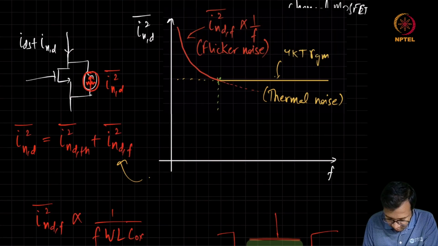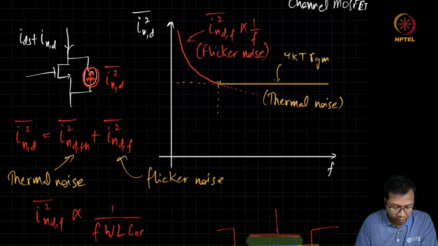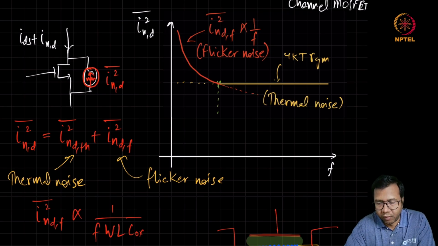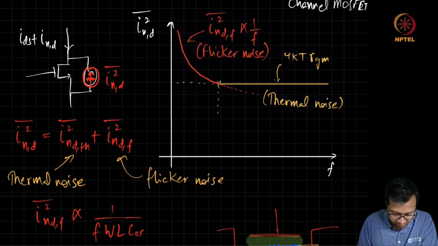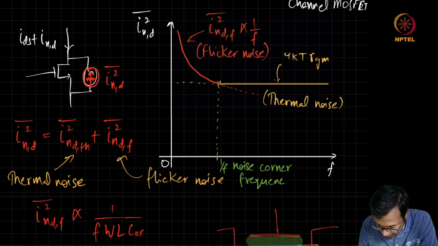Here we have flicker noise. Here we have thermal noise. And one more point to note here is at some frequency, this flicker noise is going to be equal to the thermal noise. This frequency is called the 1/f noise corner frequency.